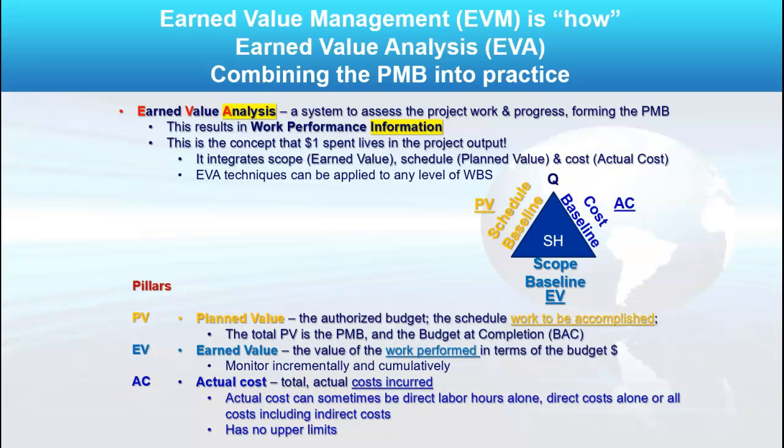They tie together. Now, earned value is the value of the work that is performed in terms of the budget, right? So earned value is work done already. So if I plan to build the frame of the house, and if I see a frame of the house there, that's earned value, right?